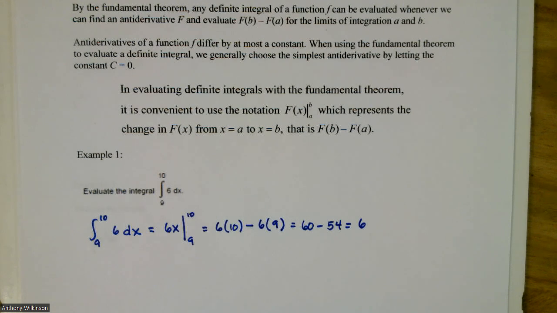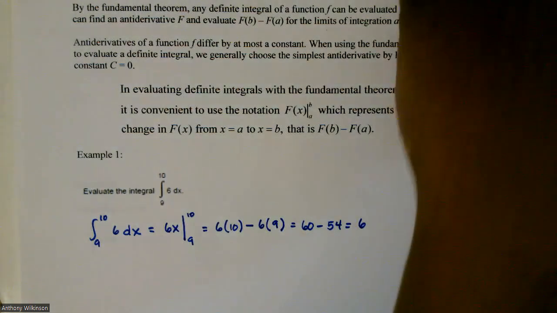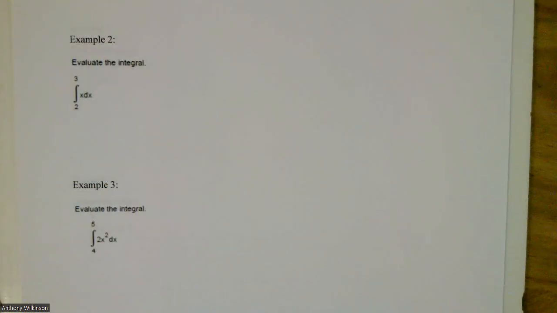All right, here's another example. So that one was the easiest one. We'll progress to more difficult ones like this one, the integral from 2 to 3 of x dx. I'm going to go ahead and rewrite this.